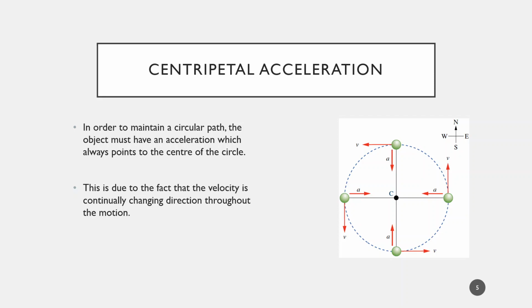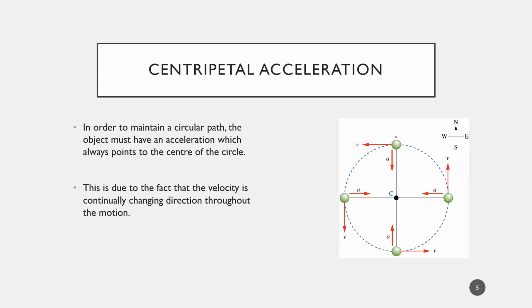Now, an object in circular motion, you've got to remember velocity is a vector. It's the speed and the direction in which that object is moving. So if you think of this object in this picture, at any given point, the velocity is always going to be pointing in some other direction than at any other point on that circular motion.